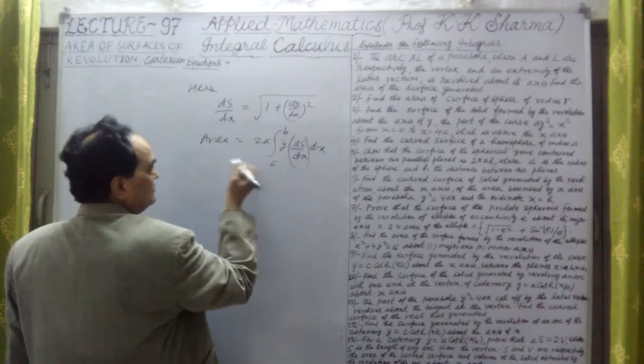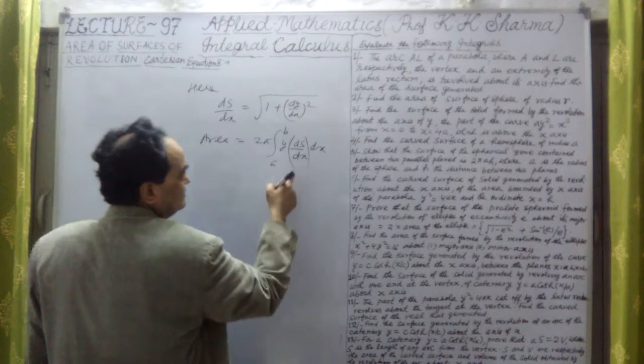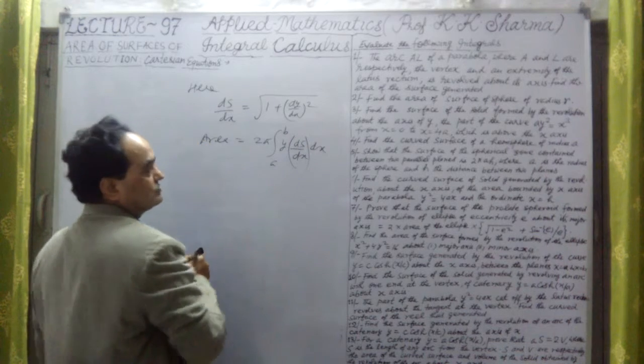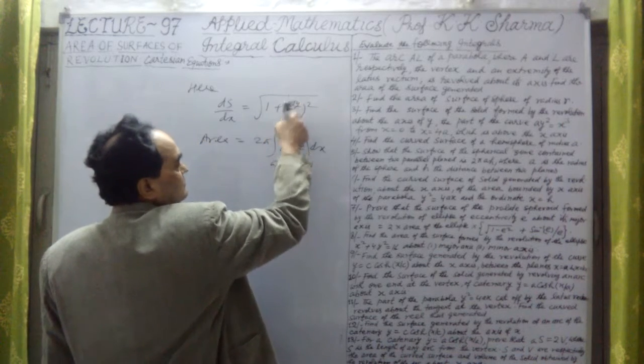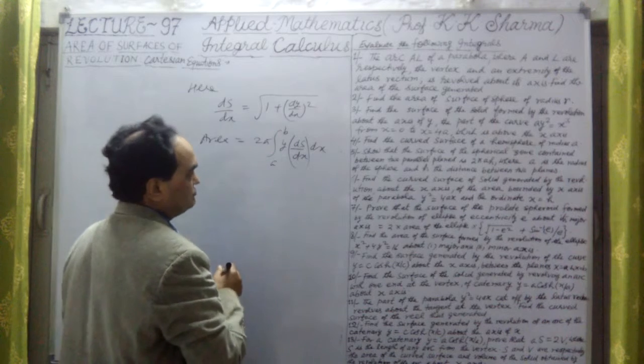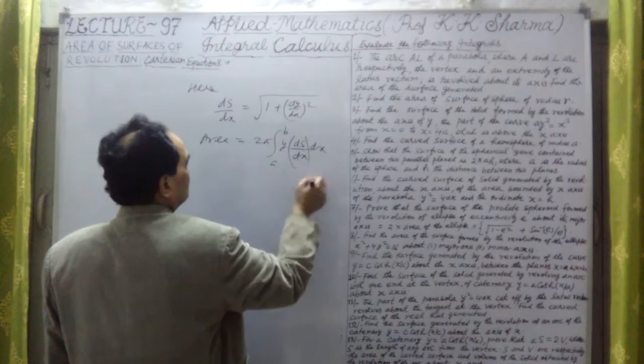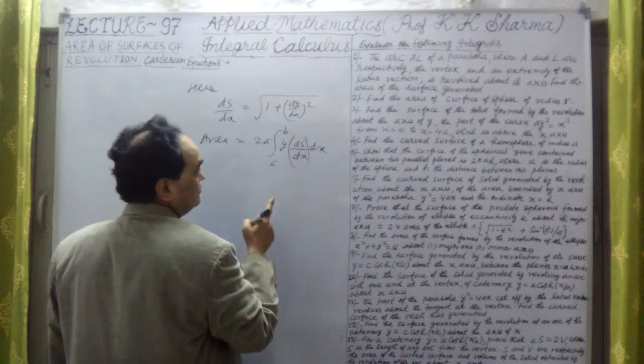Similarly, in the second case, ds upon dy we will calculate, that will be 1 plus dx upon dy whole square. This is the formula in case of Cartesian equations.